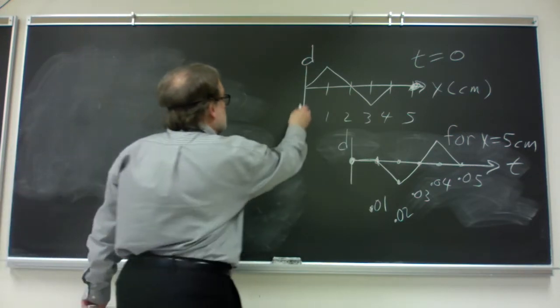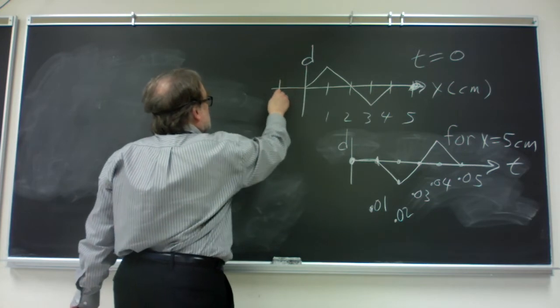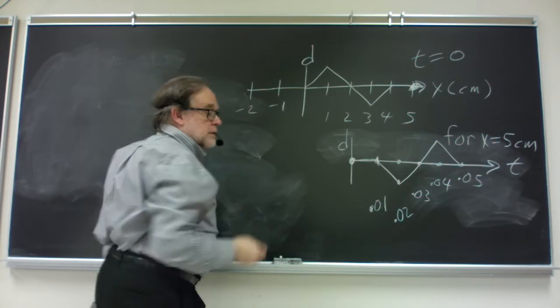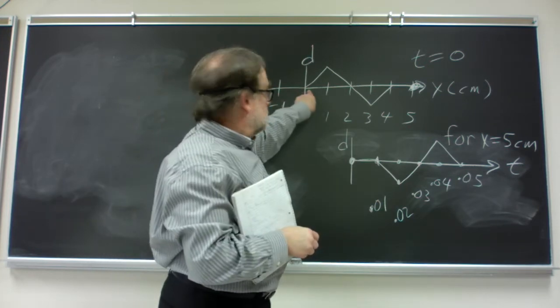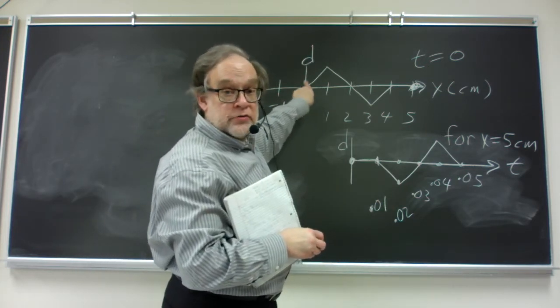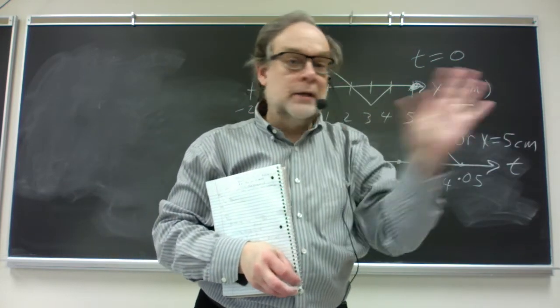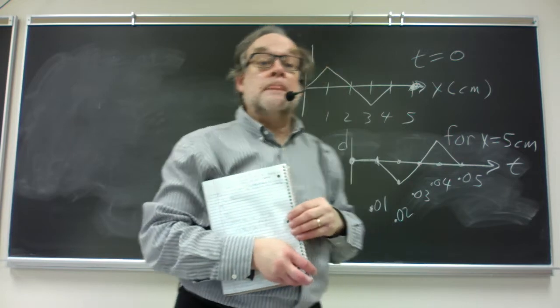What I'm assuming here is that there's more string to the left of x equals 0. I just put the x equals 0 mark somewhere in the middle of the string, not at the left end of the string, but somewhere in the middle.